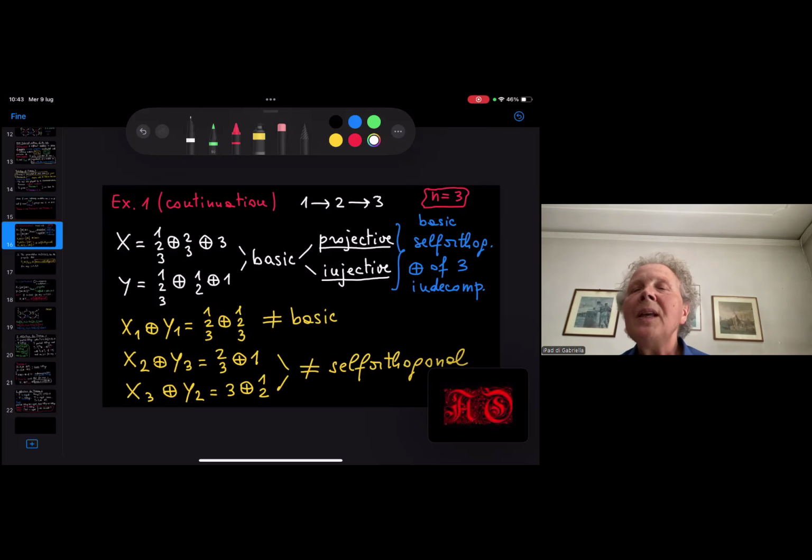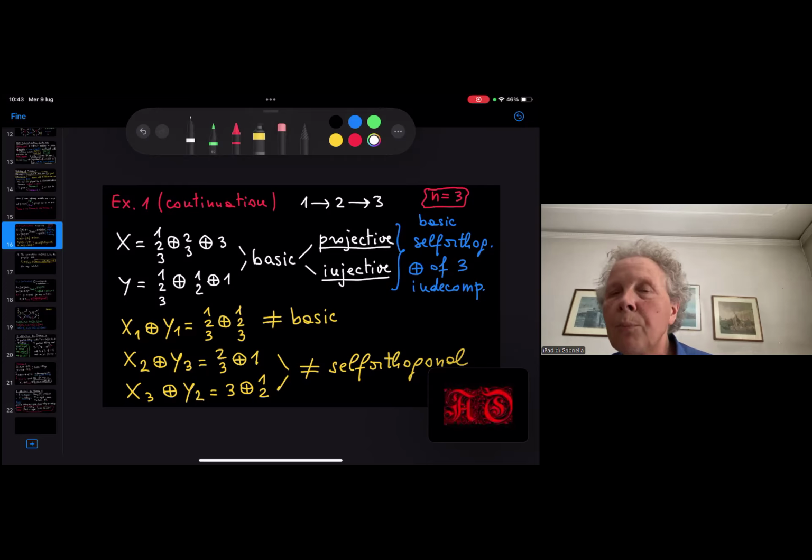I will describe in the tutorial example what happens. In the first example, with the hereditary algebra given by quiver 1 to 3, if we consider the direct sum of the 3 projective modules, and we denote by X this module, and we consider the direct sum of the 3 injective modules, and we denote by Y this module, we have that these 2 modules are both basic, self-orthogonal, and they are the direct sum of 3 indecomposable modules.